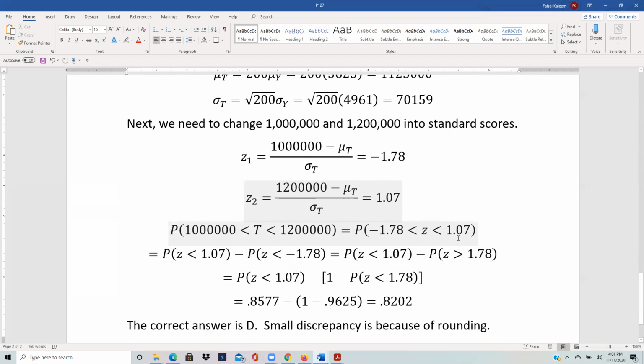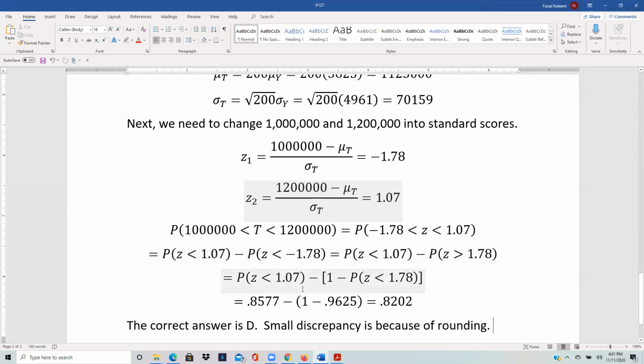So that's equal to the probability of this minus the probability of this. To use the table, we have to have probabilities in the less-than form, so this one is fine. And we also need the z's as positive. So the probability of Z less than negative 1.78 is the same as the probability of Z bigger than 1.78 by symmetry.